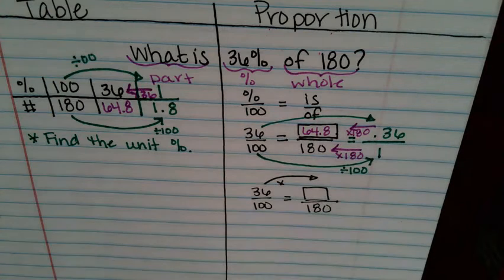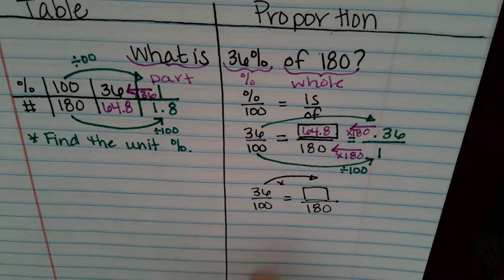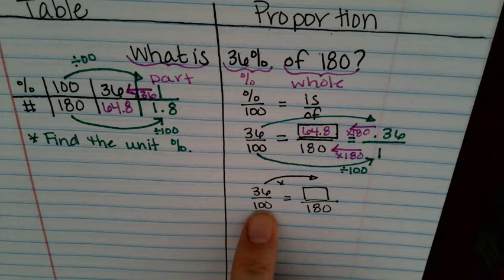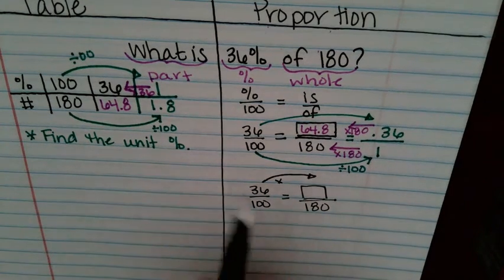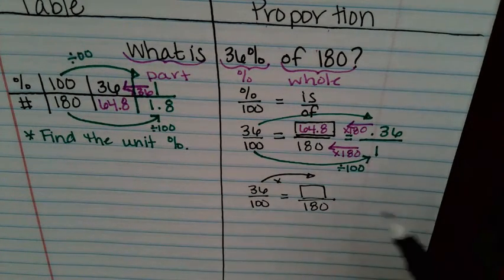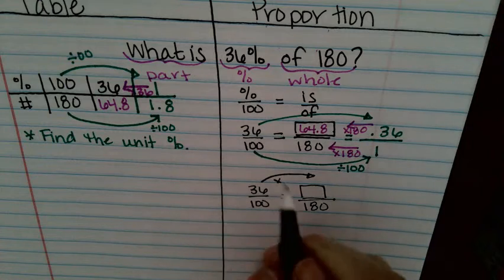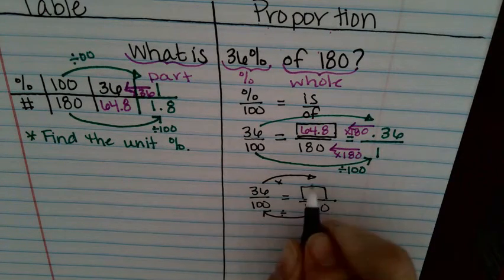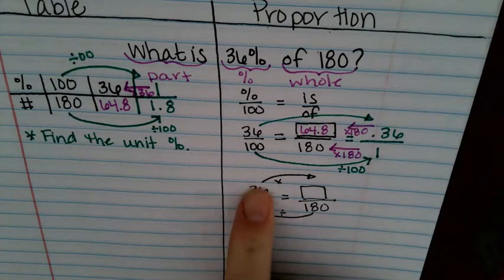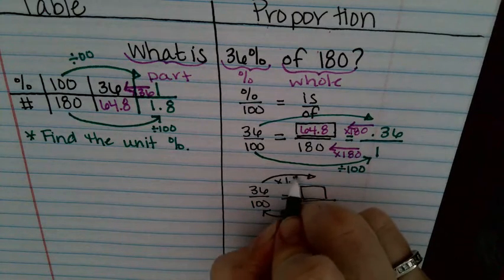I want to multiply by some number. Well, it's the same thing that I'm going to multiply 100 by to get to 180. Now the trick is, if I'm multiplying this way, then I'm dividing this way because it's an inverse operation. I'm going to do 180 divided by 100, and that gets you 1.8.